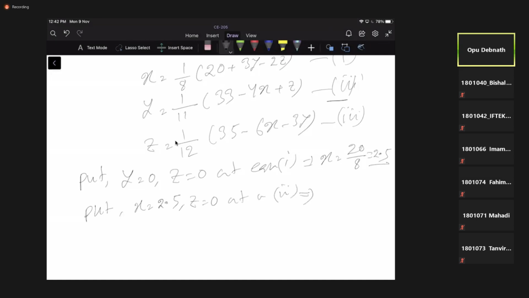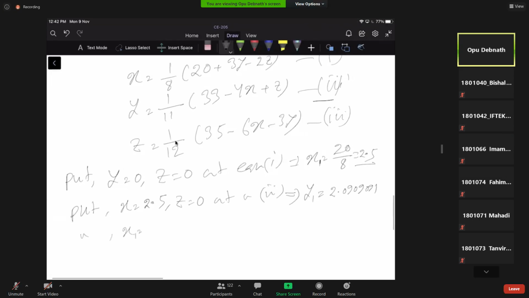Equation 2 will give the value of y1, this is x1, and you will find the value of y1 as 2.0909091.